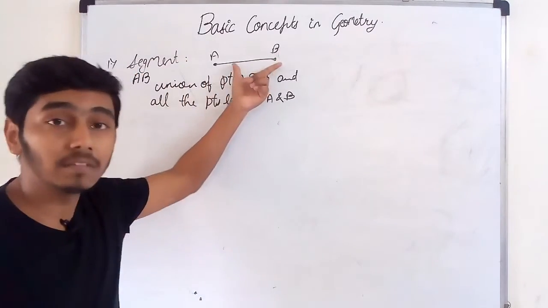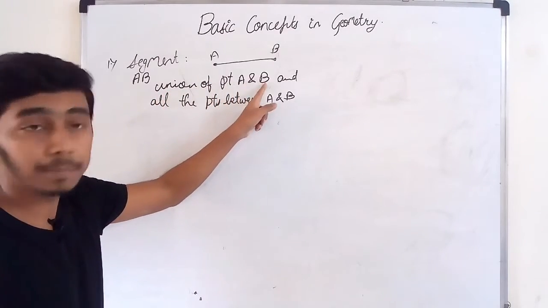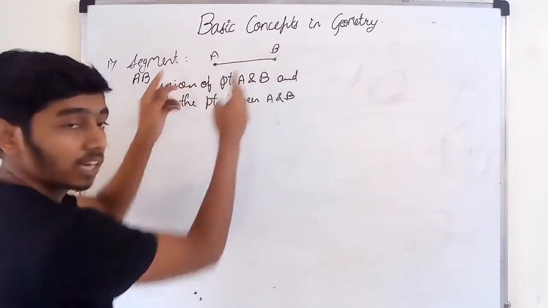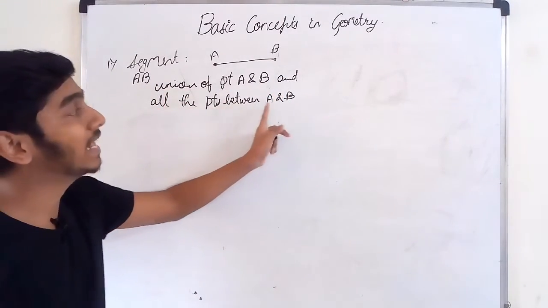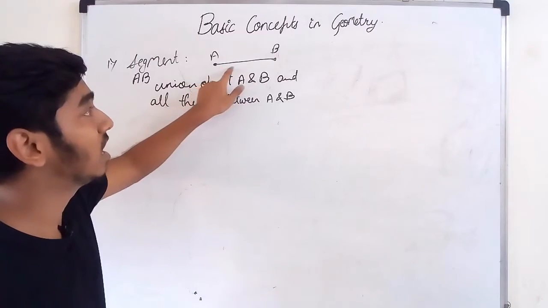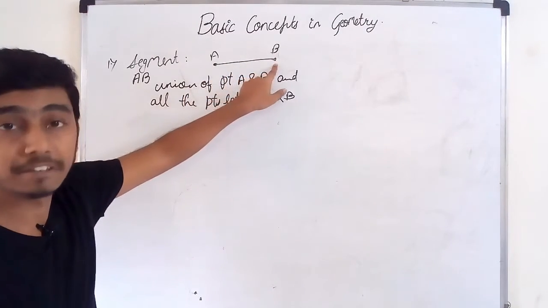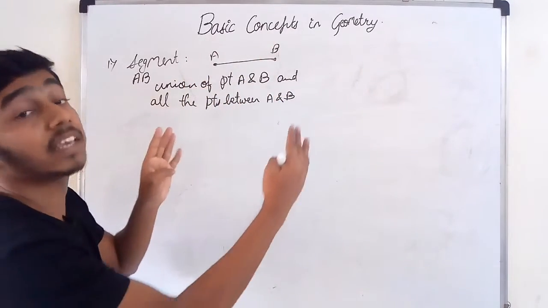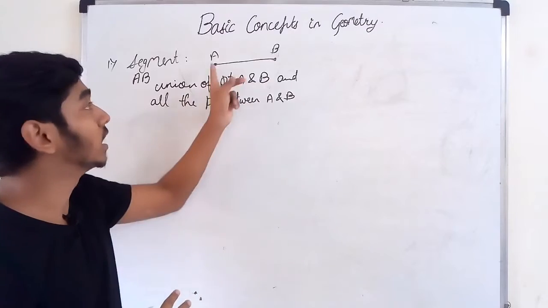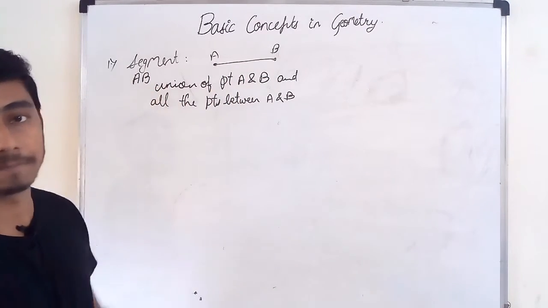Segment AB will be defined as the union of points A and B, and also all the points between A and B. There are n number of points in between A and B. We take the union of all the points, including A and B. So that is our segment AB.